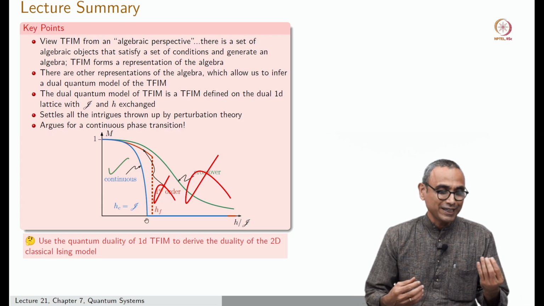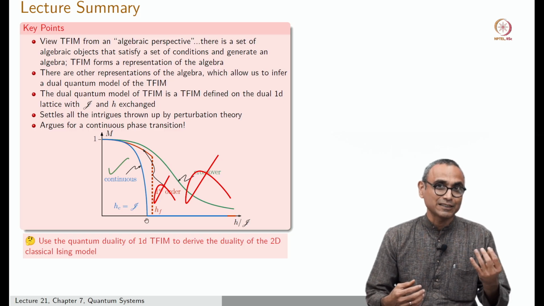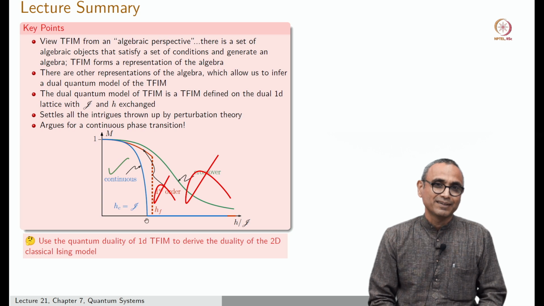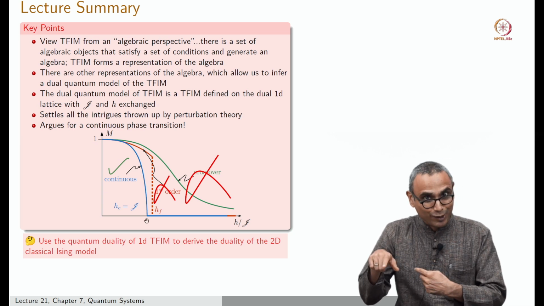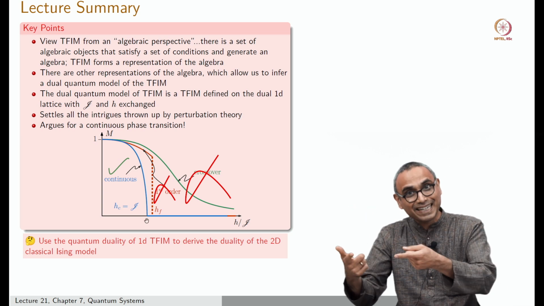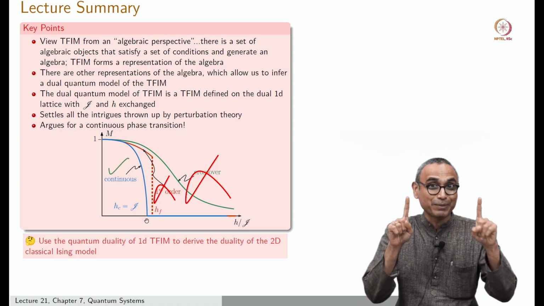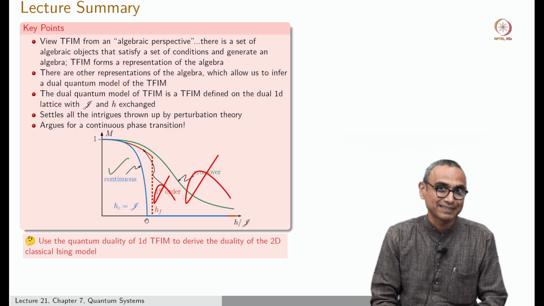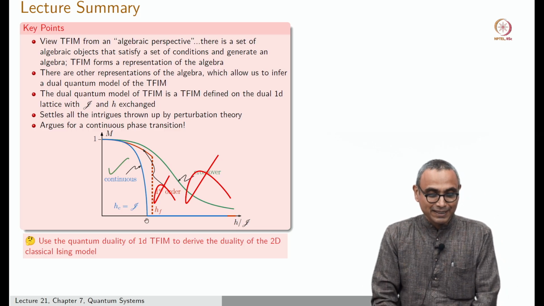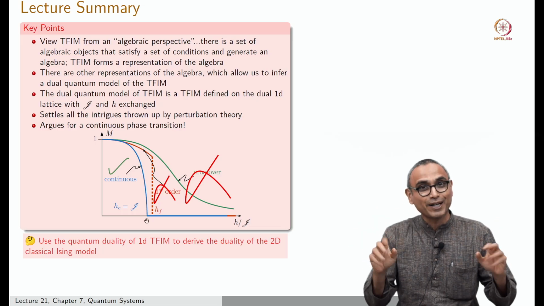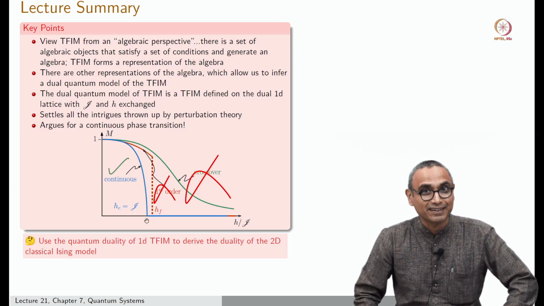So what you can do is start with our original transverse field Ising model, map it to a classical problem, go to the dual model, map that to another classical problem, and try to show the relationship between these 2 classical problems. You can use that to derive the classical duality of the 2D classical Ising model.